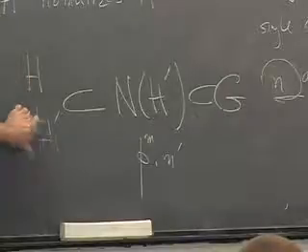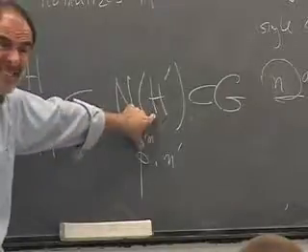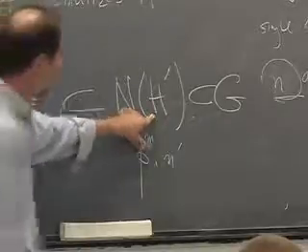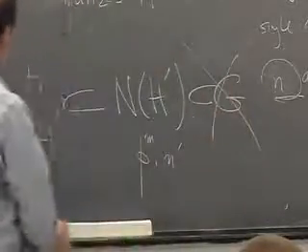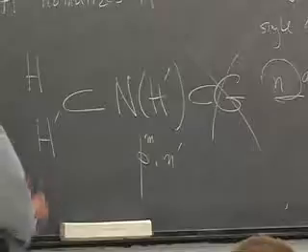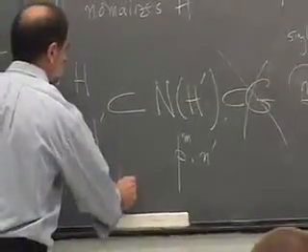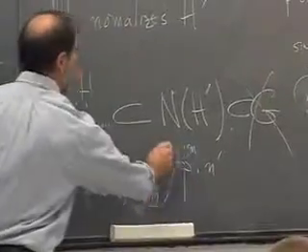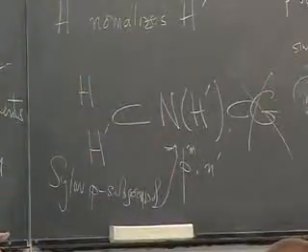Therefore, these two things are Sylow P subgroups of this. Correct? We forget about G now. They're now both Sylow Ps of this. And we can apply the Sylow theorems to any finite group.